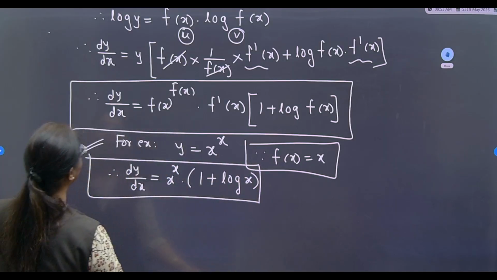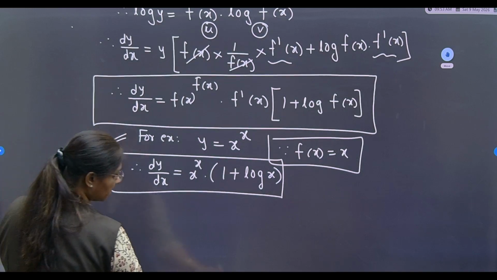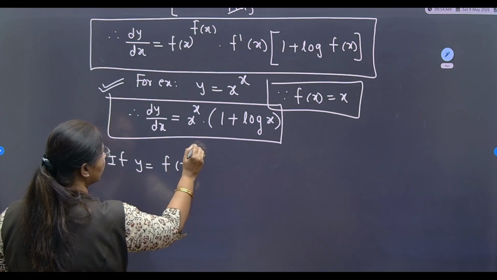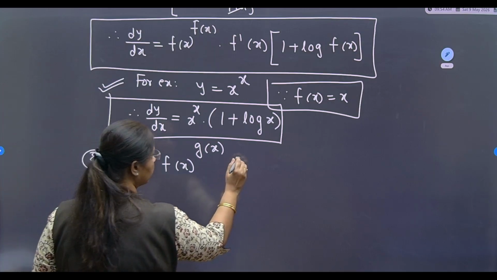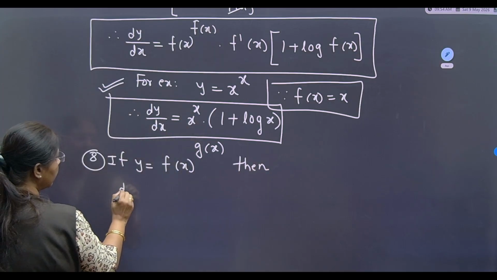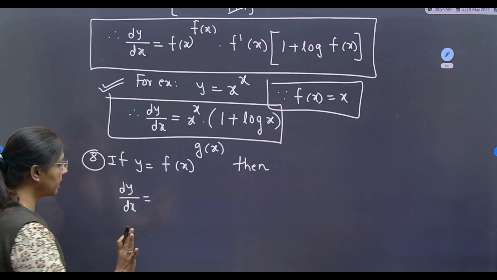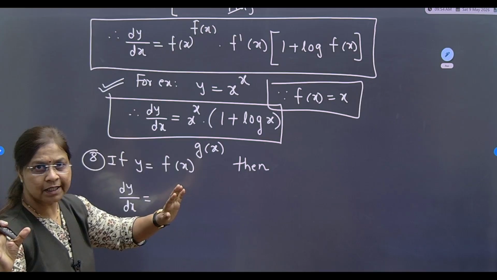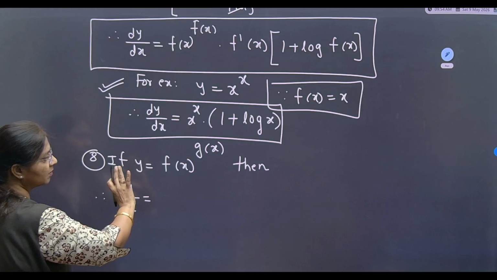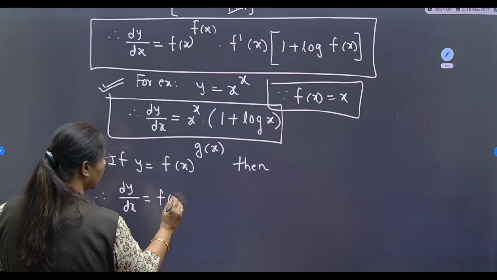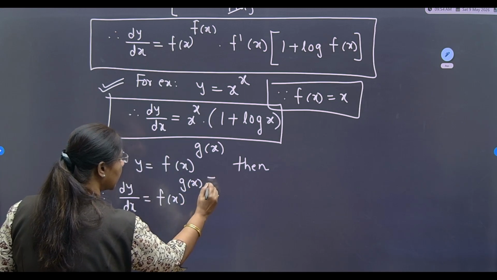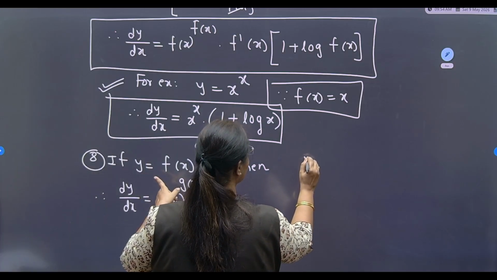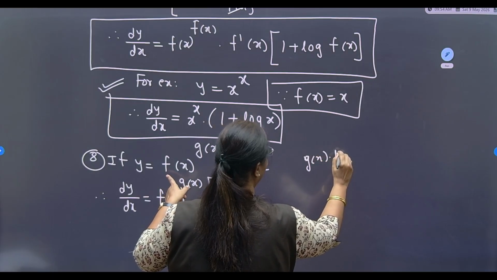Most important example. Then next part: in place of f of x raised to f of x, if y is equal to f of x raised to g of x, another function, then dy upon dx is obtained by taking log, using the power rule, and then differentiating. Therefore by direct result, dy by dx is equal to f of x raised to g of x in bracket, by power rule g of x into log of f of x.